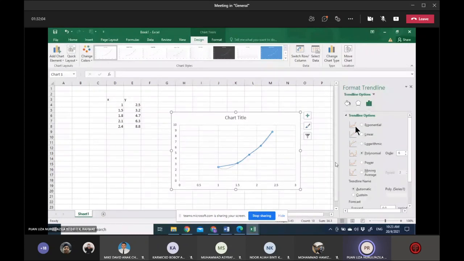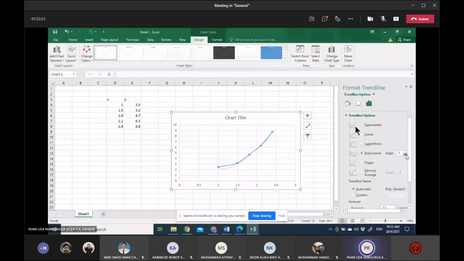But usually people do not go more than degree 2. So let's say power, boleh. Okay, exponential, boleh. Linear, you see you have this linear. All right, now I want to find the equation of the line joining this.